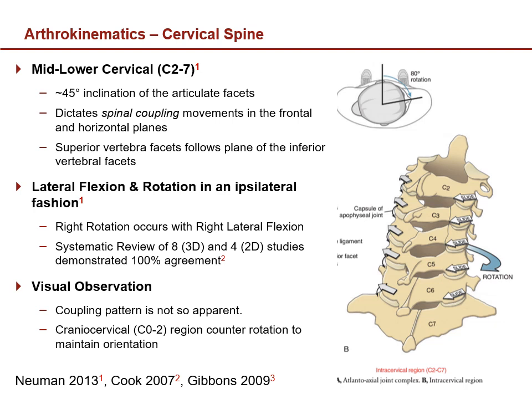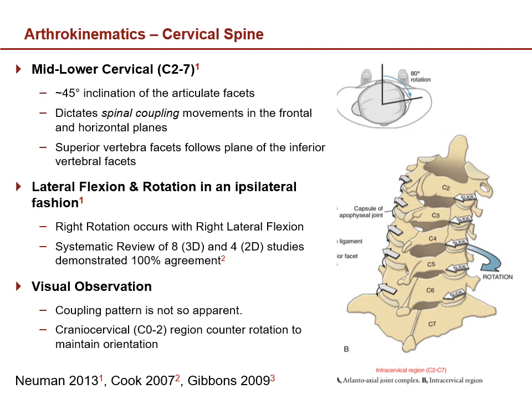angulation or inclination. Lateral flexion and rotation occur in an ipsilateral fashion, meaning that as I rotate to my right, there's going to be ipsilateral side bending to that side, with the exception of the C0 through C2 region, the upper cervical spine.